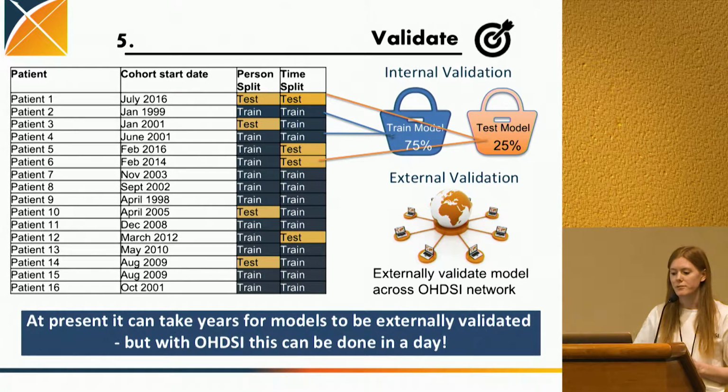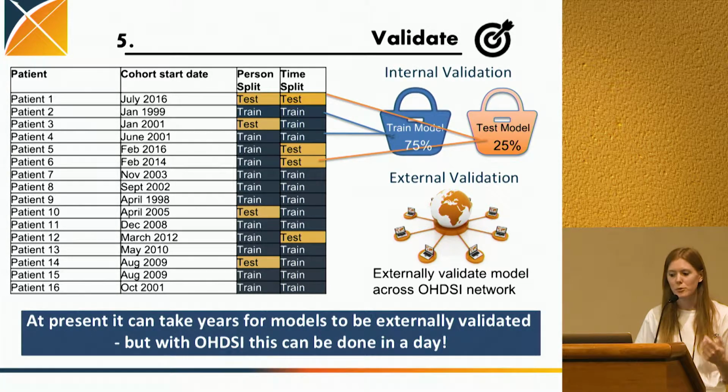For the time split, you want to do it where you're using older data in your train set, and newer data in your test set. So we can actually look at the last 4 people in these rows, which were July 2016, February 2016, February 2014, and March 2012. So those 4 people go into your test set, and you're going to use those to evaluate the model.